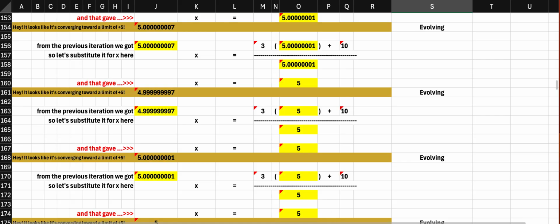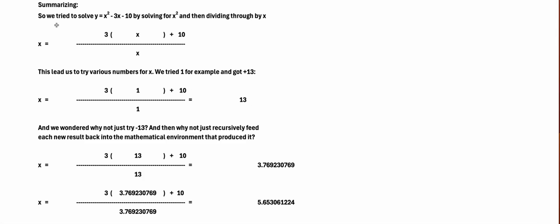Okay, let's go look at a summary. So we tried to solve this by dividing through by x. You need to know x to find x. How does that work? Well, you can start out with a guess and then get an answer from using those guesses, and it should be closer to the perfect root.